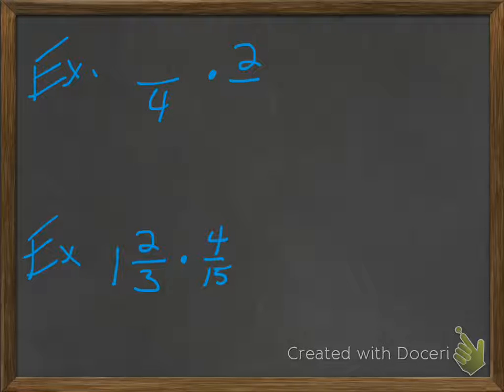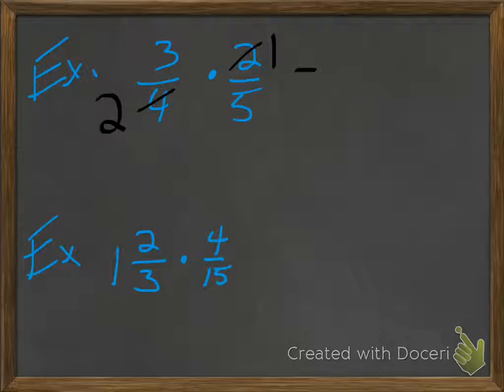I can, by 2 on top and bottom. So let's do that. 2 will go into 2 one time. 2 will go into 4 2 times. Now nothing else will reduce. There's nothing on top that will reduce on the bottom, or vice versa.